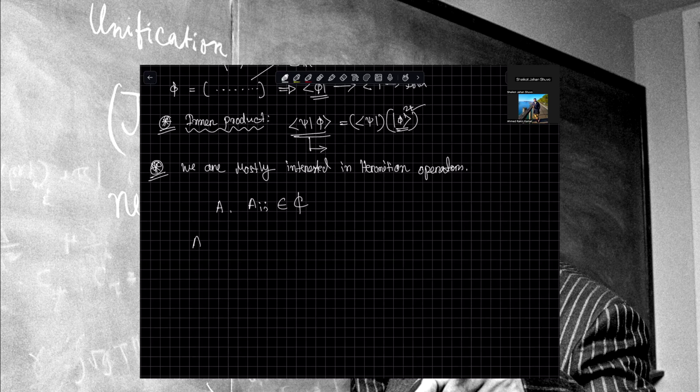If you do a Hermitian conjugate, denoted by a dagger, this really means you take the complex conjugate and transpose it, which is the same thing as transposing it first and taking the complex conjugate of all the elements. So a Hermitian operator is something that satisfies A dagger equals A. This is the definition of a Hermitian operator.